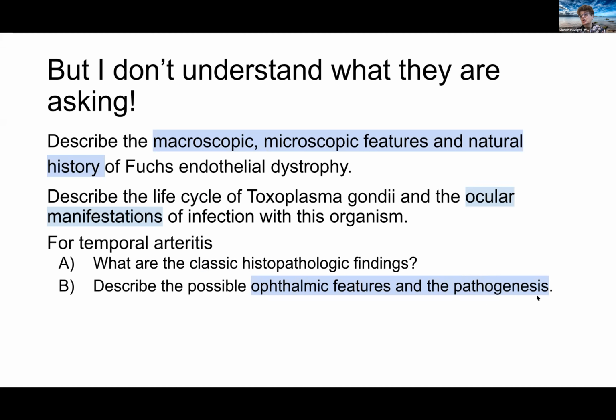Pathogenesis is how the pathology is caused. So Genesis, think of God, right? If you are familiar with the Christian Genesis story, on the first day he created, on the second day he created, on the third day he created. It was a stepwise process. Pathogenesis is how the pathology happens.